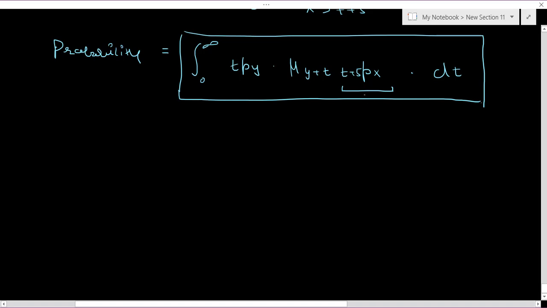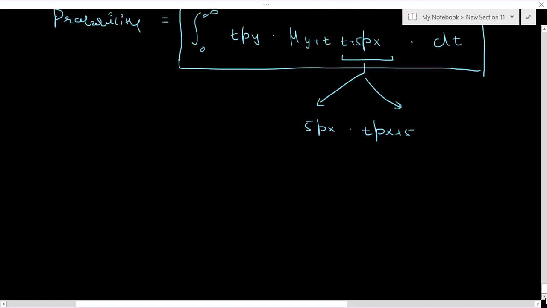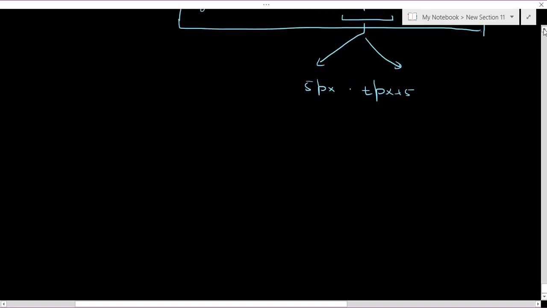The way is that I can write t plus 5px as 5px, which would be a constant with respect to t, into tpx plus 5, right? So I can write this in the form of this, right? So that's something you can do.